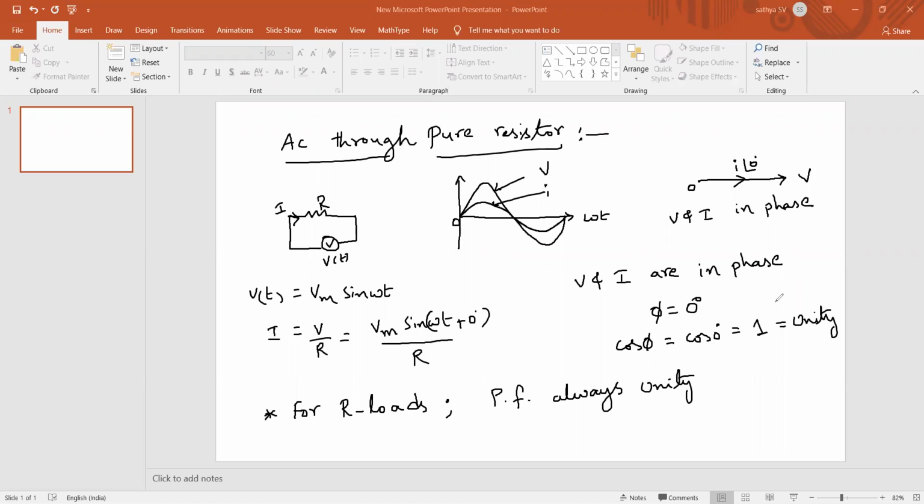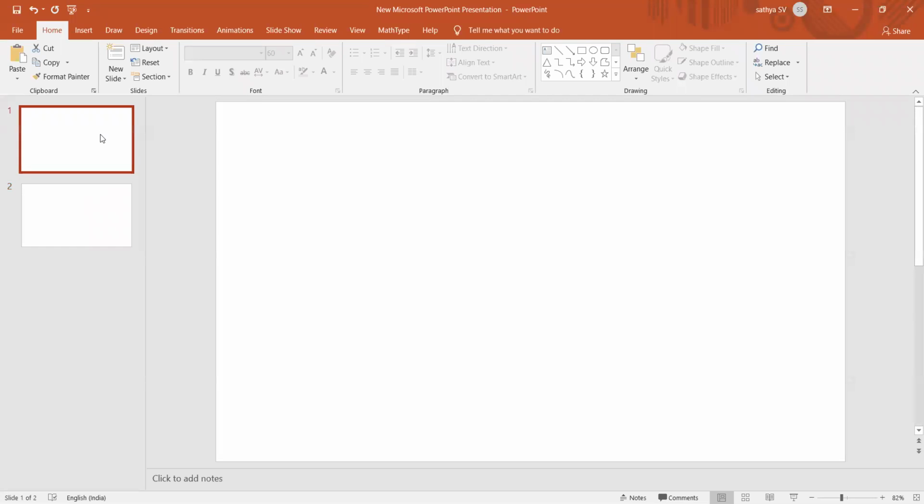Next, keep the side heading as AC through pure inductor.